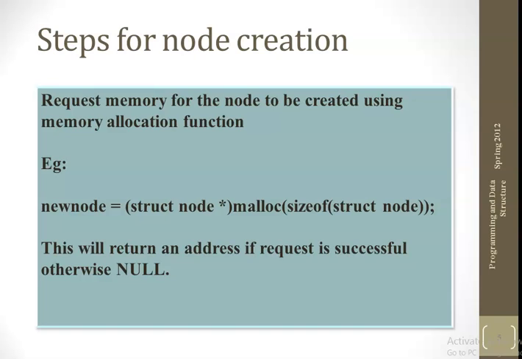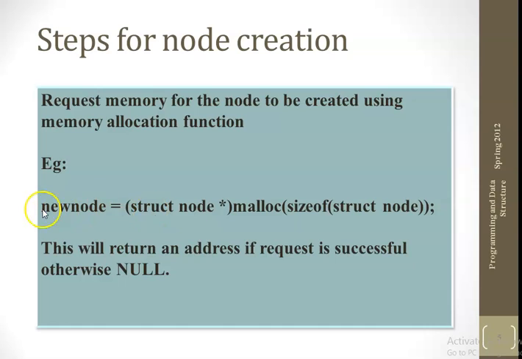In integer data location, we can store some numbers. In the link part or the next part or pointer part, we can store the address of memory location. That also requires memory space. The total of these two will be the size of structure node. So that size will be returned. This will be an integer value.